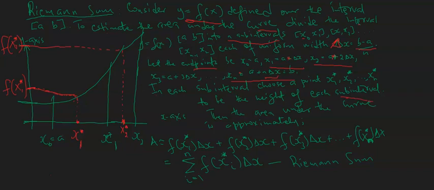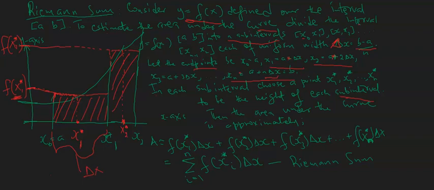Rectangles, because if we extend this endpoint x0 and extend this height f of x star 1, so that this line touches x1, then we shall have the rectangle here with the height f of x star 1, and remember the subintervals are of width delta x, and this other one we can extend from x1 like that, and we have this rectangle.